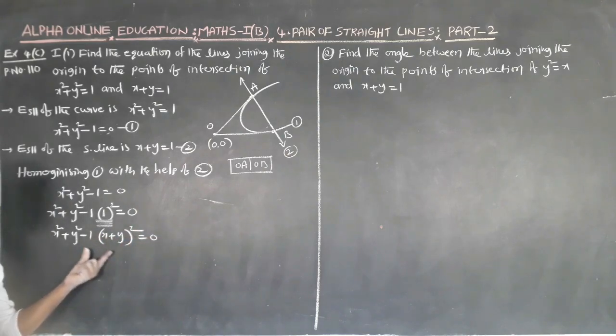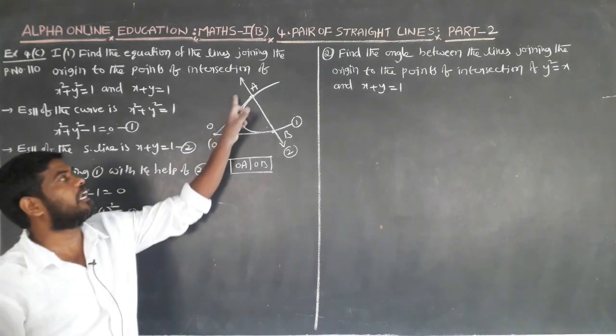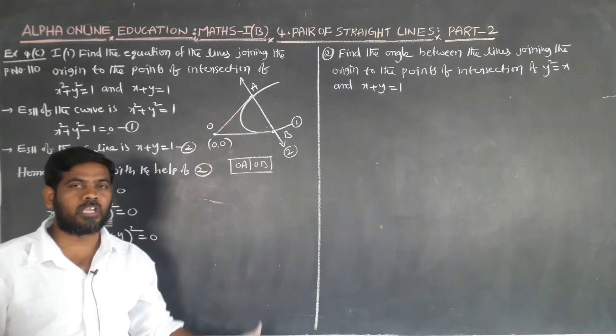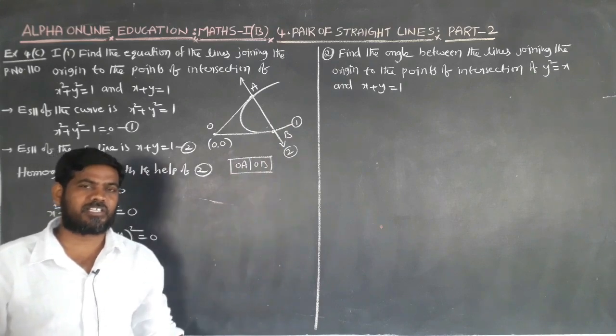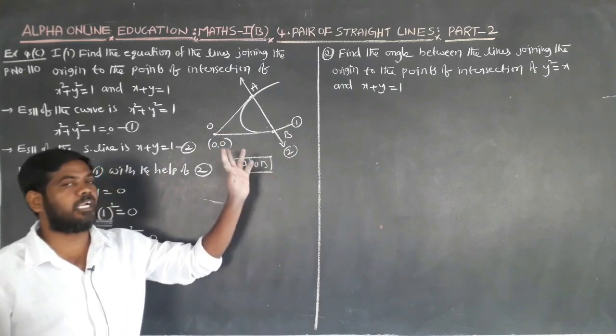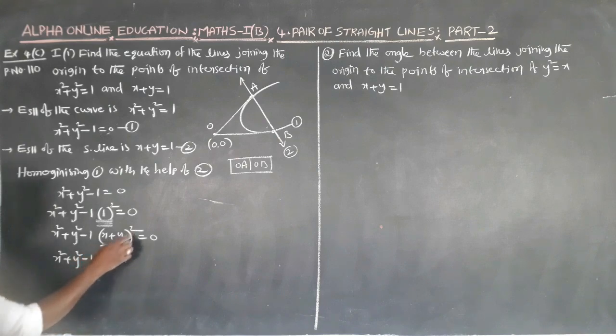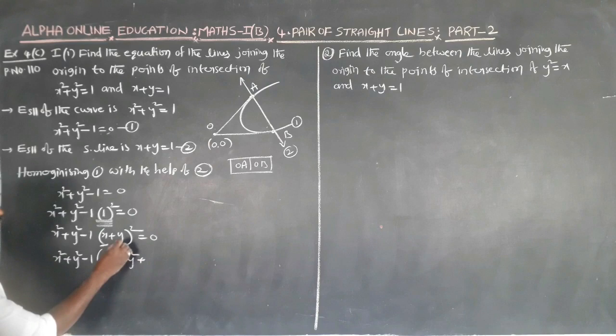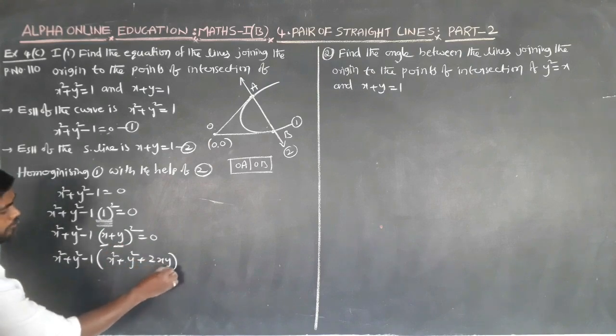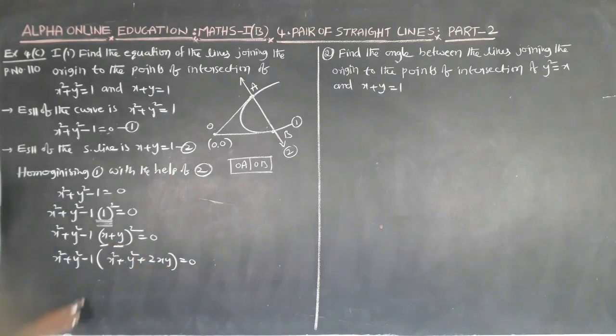This equation represents a pair of straight lines OA and OB, or the combined equation of the lines OA and OB. Simplifying x square plus y square minus 1 into (a plus b) whole square: a square x square plus b square y square plus 2ab xy is equal to 0.